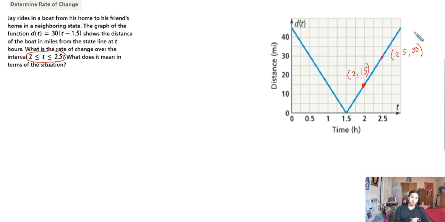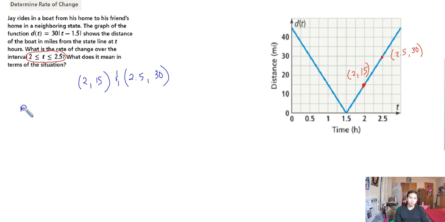Again, in looking for the rate of change, we are looking for the slope. So we have to use the slope formula to determine the rate of change from t equal to 2 to t equal to 2.5. We are going to use the two points that we already determined: (2, 15) and (2.5, 30).